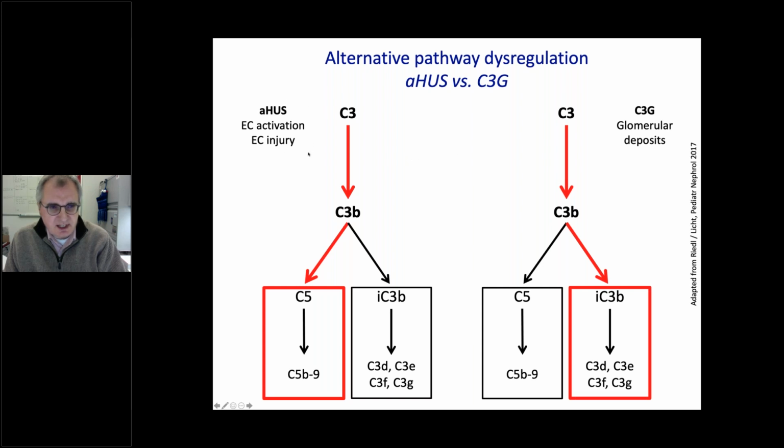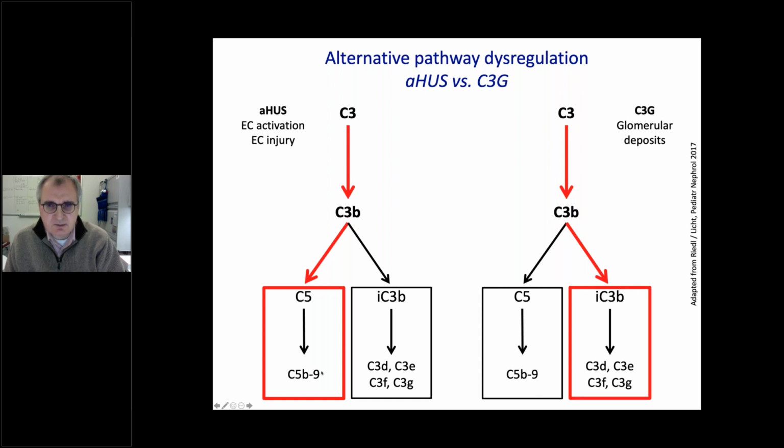So in atypical HUS, as I mentioned earlier already, this pathway runs in overdrive towards the terminal pathway and the membrane attack complex that injures the endothelial cells.